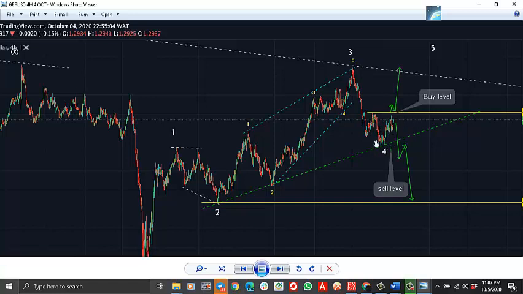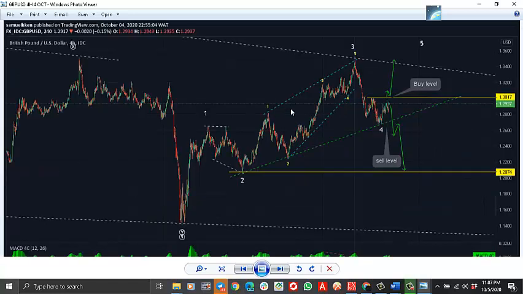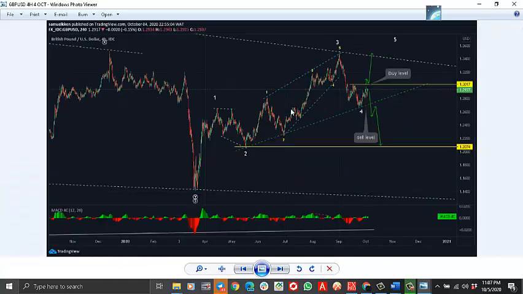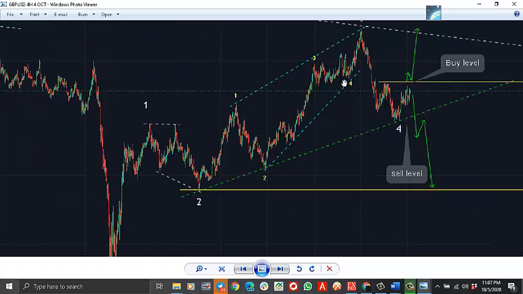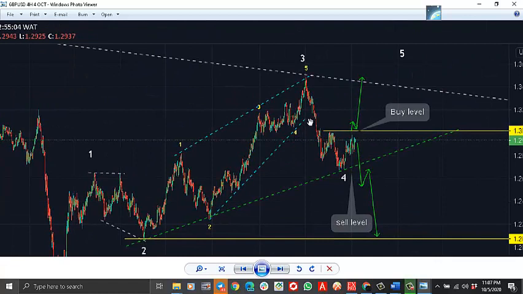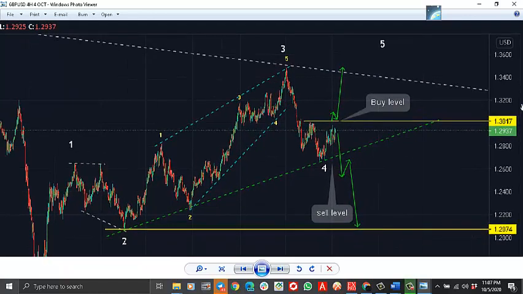Now, let's go to 1 hour so that we conclude what we are doing on GBP/USD. You have seen the ending diagonal. You have seen wave 4. Then we will likely have wave 5. So what it means is that we will buy.